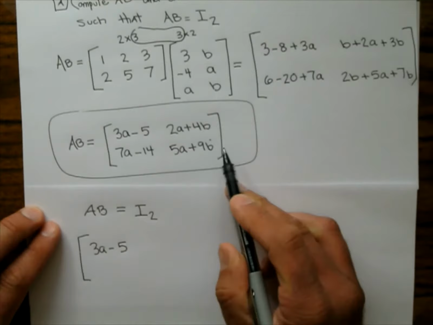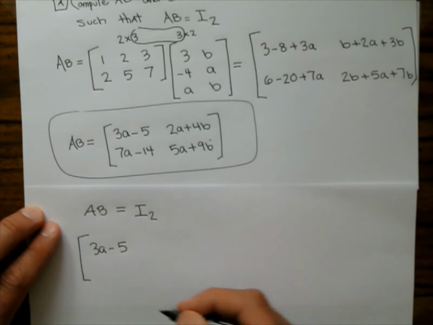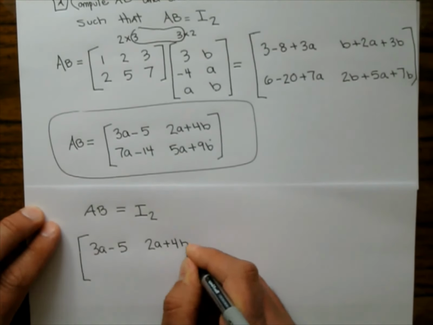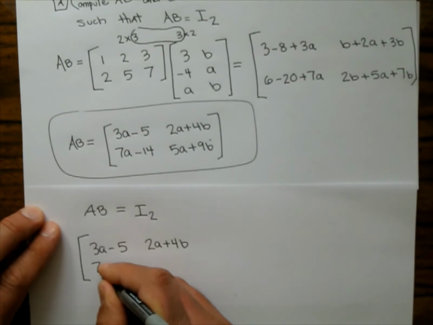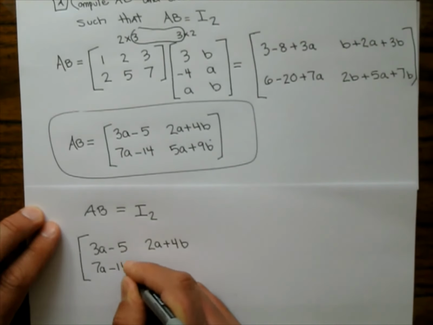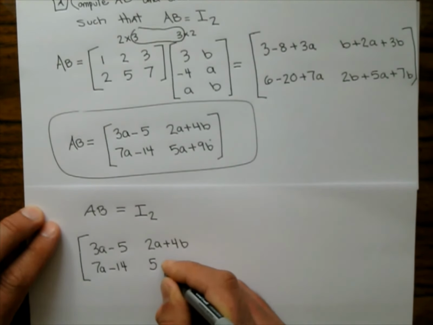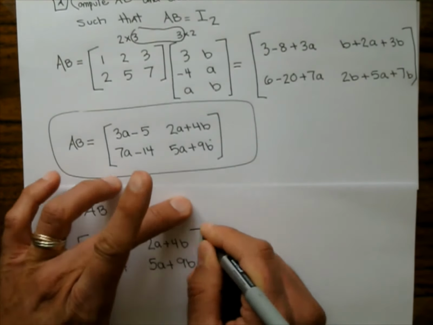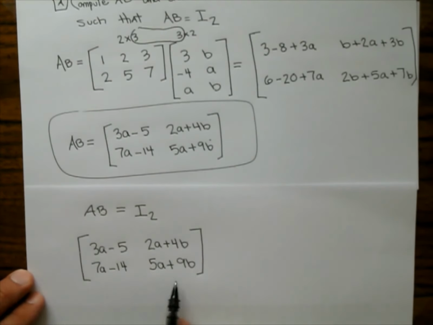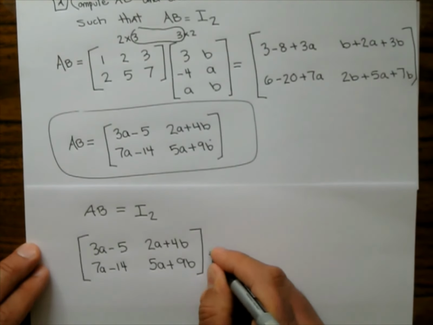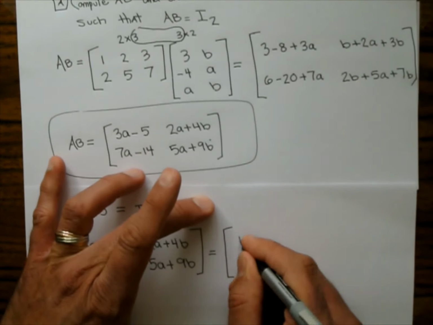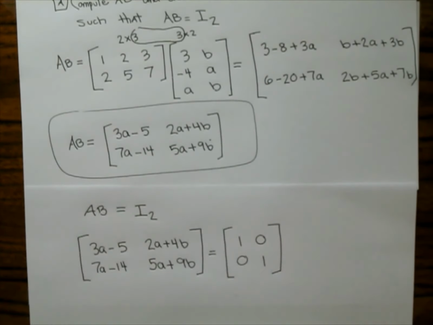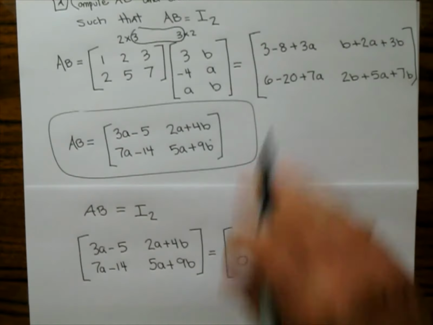The lazy me wants to just set that equal to the identity, but I better just write this down because it makes for good videos on YouTube, just this redundancy of math. Everybody's just going to love it. So there's AB, and I2 looks like this. It's the identity. So we're trying to find a and b where this will work.